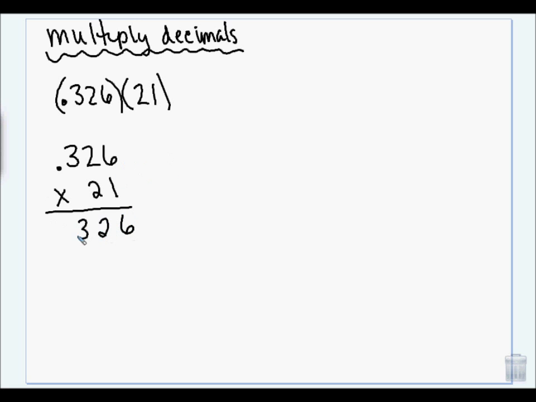So I'm just going to multiply this, and then I'm going to add it together. I have 3 decimal places here and none here, so I need 3 decimal places in my product. And if I had had a decimal place here, I would have added 1 more decimal place. So it's the total number of decimal places.